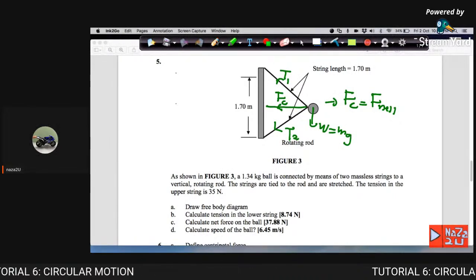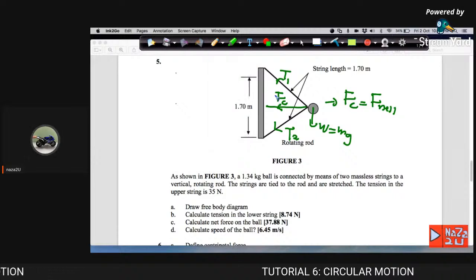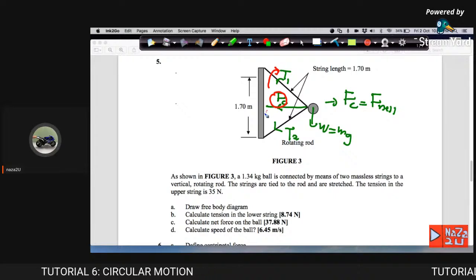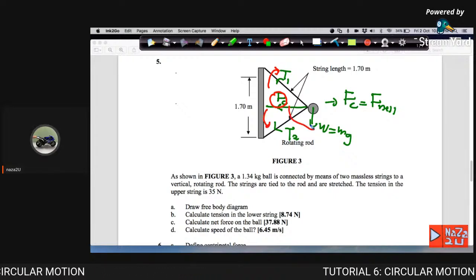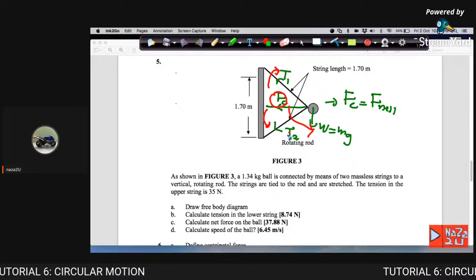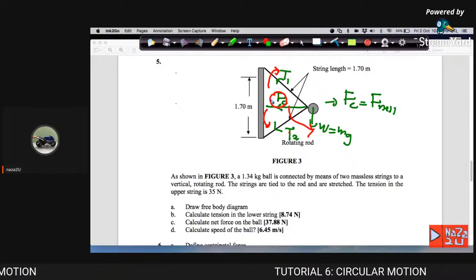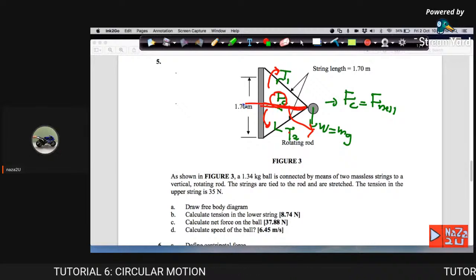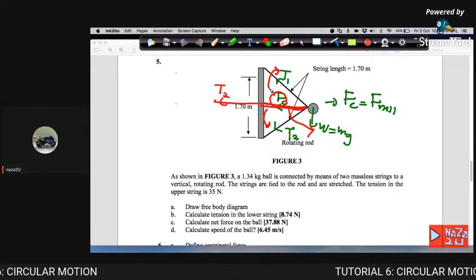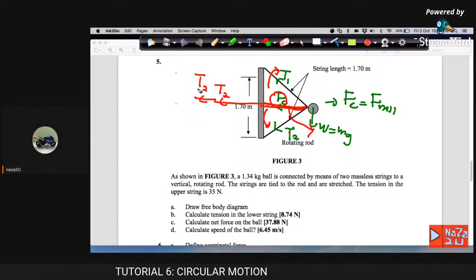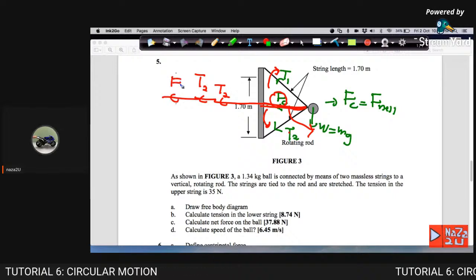So the value of the net force, FC here, you must consider as influenced by the three forces here. Right? Or you can use the tension of T2, because if you resolve to the x-axis, the horizontal line here, T2 and T1 are in the same direction as the centripetal force FC.